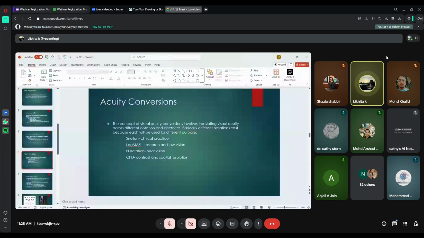And coming to Logmar, we use it mostly in research and low vision. Logmar is a standard and scientifically accurate method of visual equity noting.